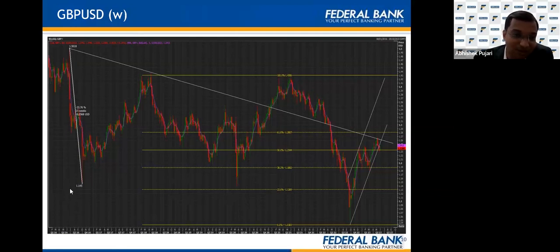From there on, it tried to recoup all the losses and made a high of around 1.4350 during 2018, when the dollar index was struggling. During COVID-19, GBP again struggled, as almost all the major currencies did, apart from safe havens like the dollar, yen, and CHF, and made a low of around 1.14, only to recover and take resistance at 1.43 once again.